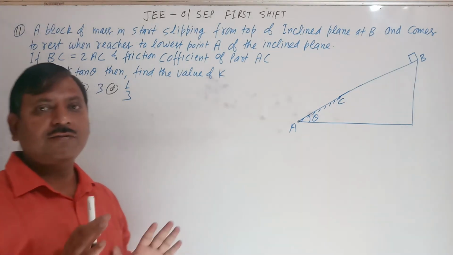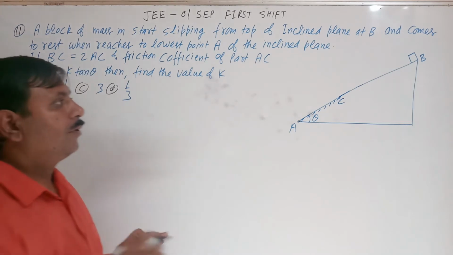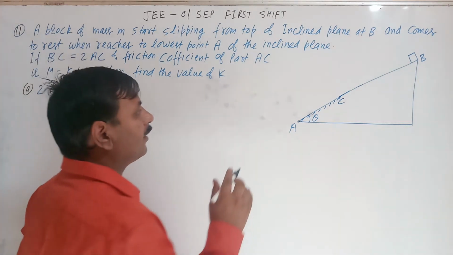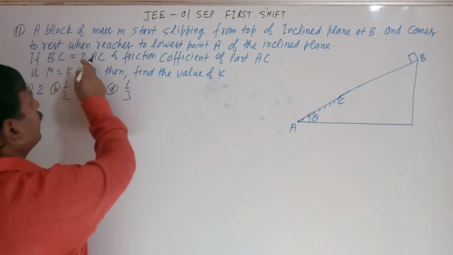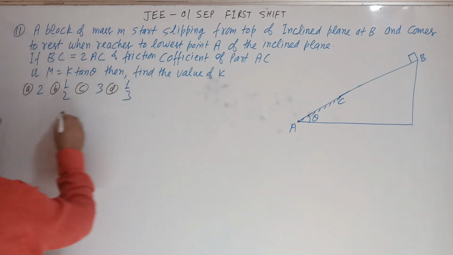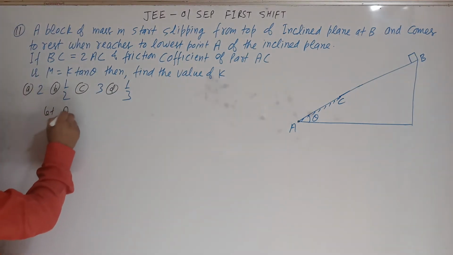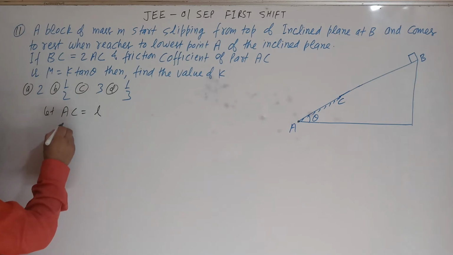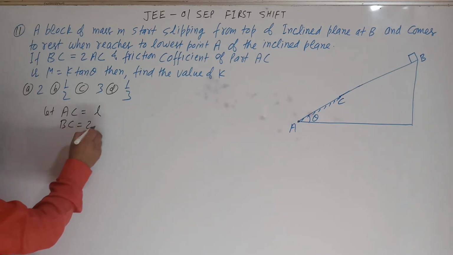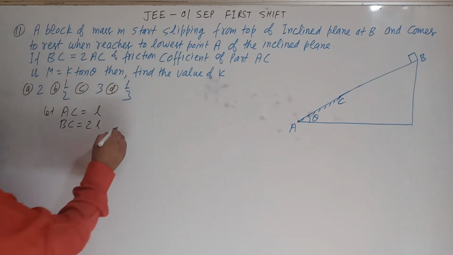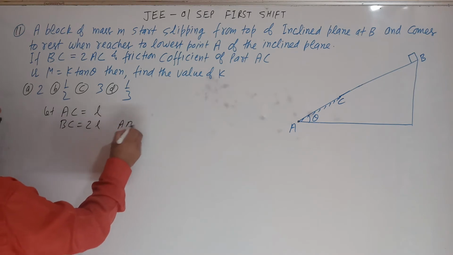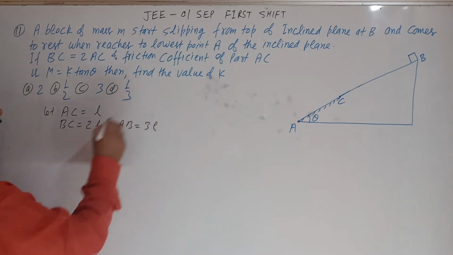Find the value of K. Okay, see here BC is equal to twice AC. So let AC be L. So BC is equal to 2L. Then AB is equal to L plus 2L, that is 3L.